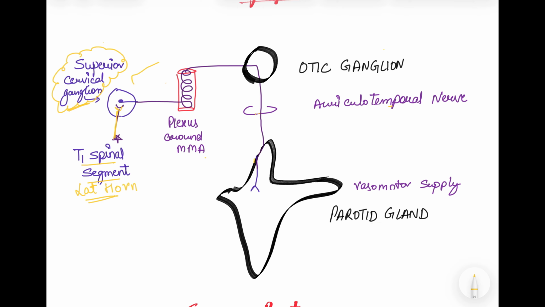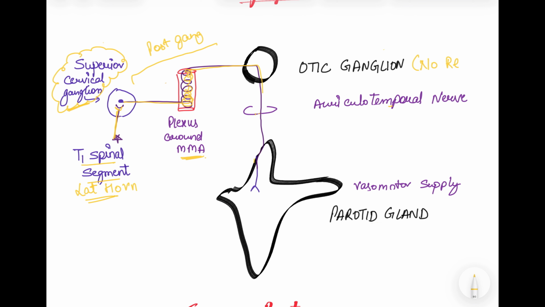The fibers after that are your post ganglionic fibers, right? So after relaying, they will pass along with the plexus that is around your middle meningeal artery, right? Then this fiber will go into the otic ganglia, where it is not going to relay.